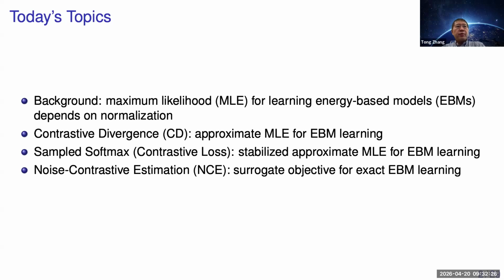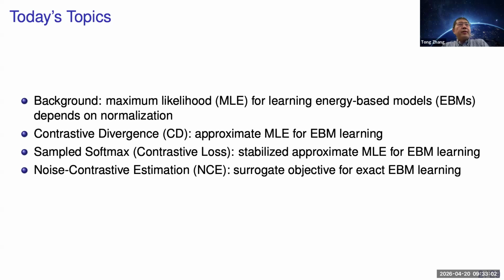For energy-based models, you can do a similar thing, except the normalization is difficult to compute, so we want to avoid that. That is the background. Then we talk about the gradient of this maximum likelihood estimate, as well as contrastive divergence, which approximates maximum likelihood estimation for energy-based model learning.